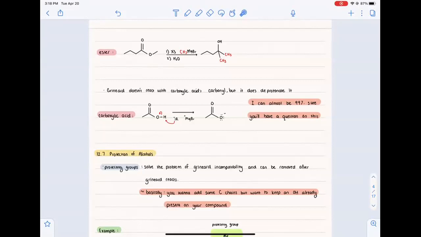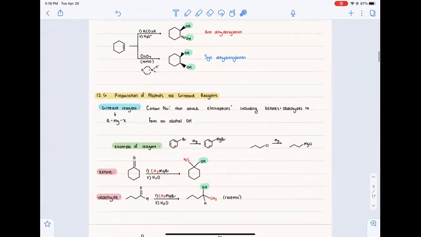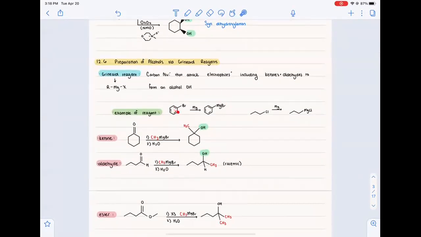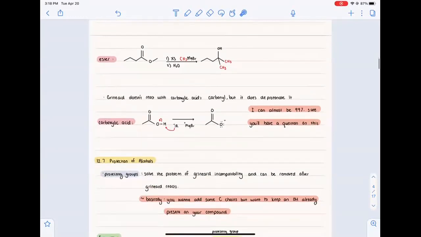We're going to go over that in a second, but this is if we have our Grignard's reagent reacting with something else. Also keep this in mind, when we have our Grignard's reagent reacting with something that has a carboxylic acid, then that is how it's going to react. It's just going to deprotonate it.